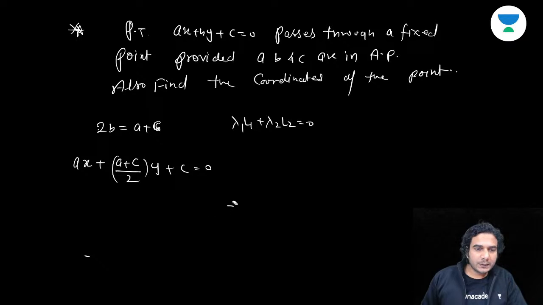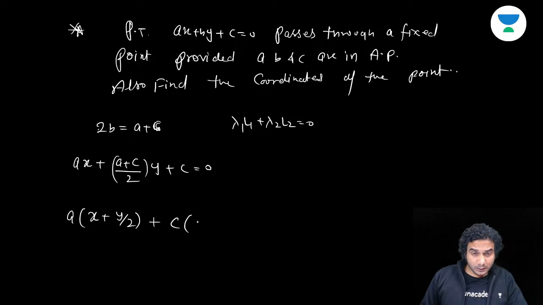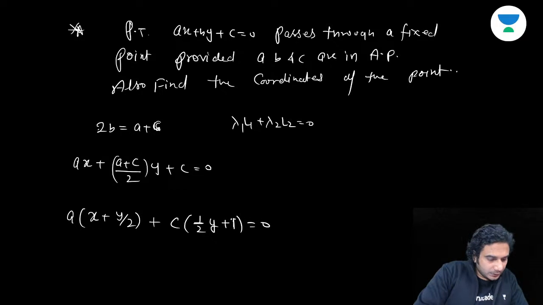Coefficient of a is x plus y upon 2, not 1 by 2, plus coefficient of c is 1 by 2 y plus c plus 1 is equal to 0. Wait a minute.